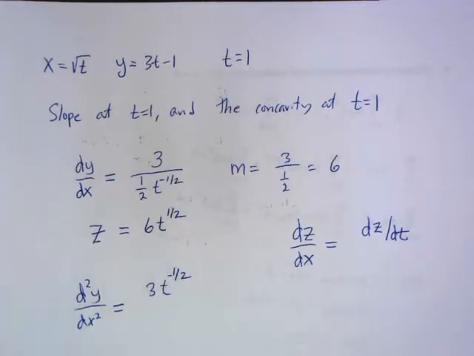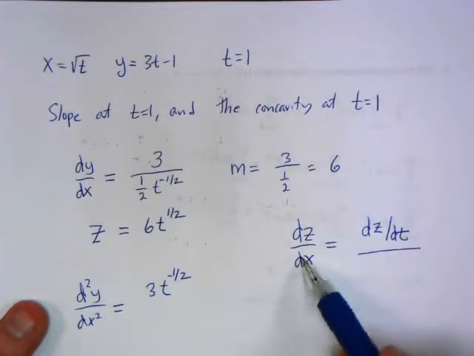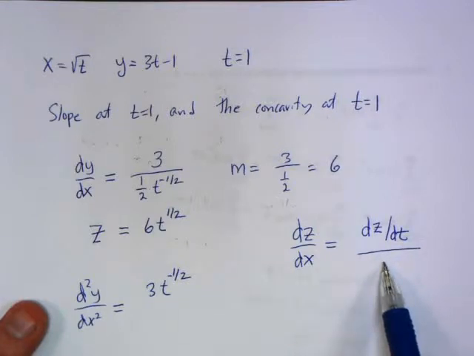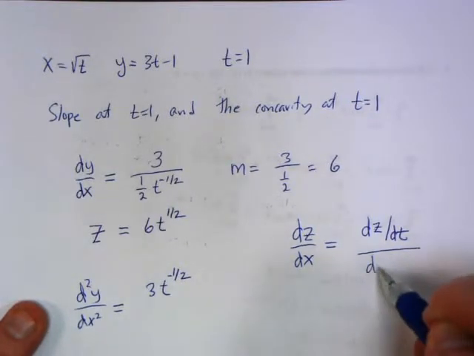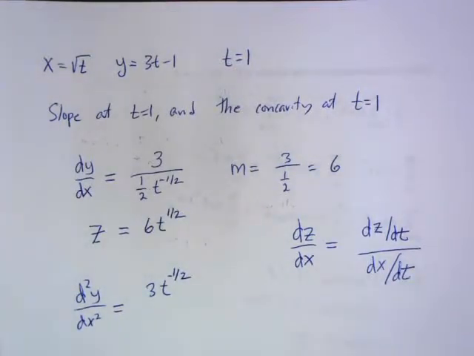So could you say that t equals x squared? Nope, I can't say t equals x squared. I'm going to have to divide by something. If I want dz/dx, and I have dz/dt, what do I need to divide by? dx/dt. Just like we did to find the first derivative.